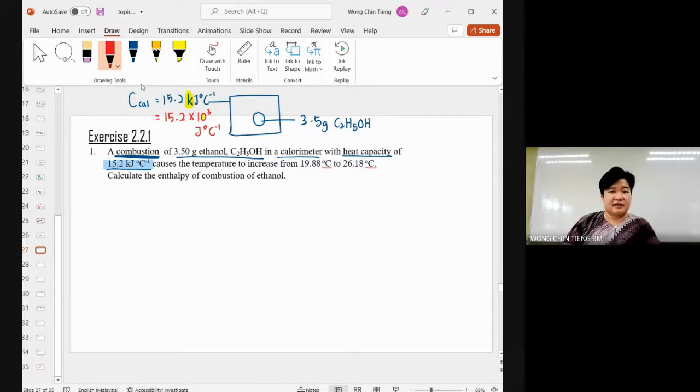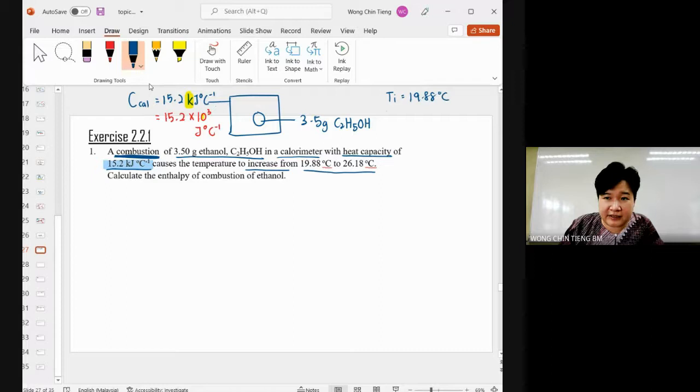Next, the temperature increases from... Bermakna saya ada T initial 19.8 degree Celsius. Saya ada T final 26.18 degree Celsius. I want delta T. Yang besar tolak yang kecil.